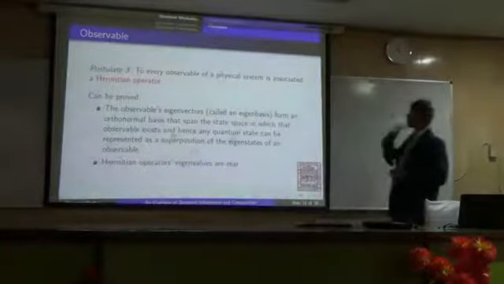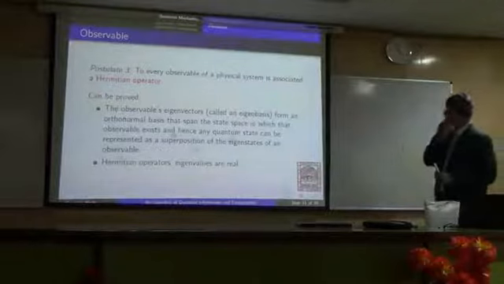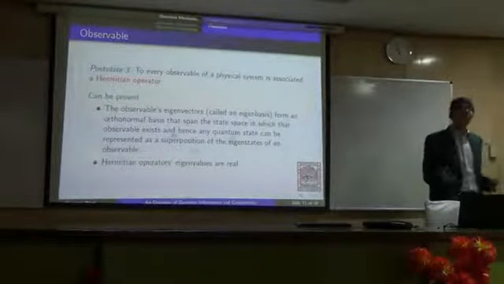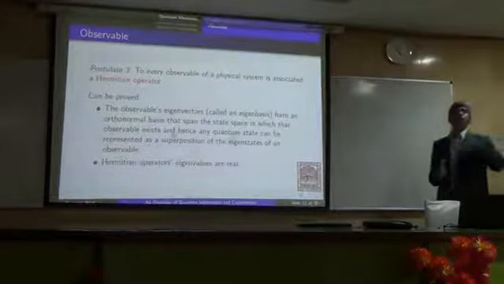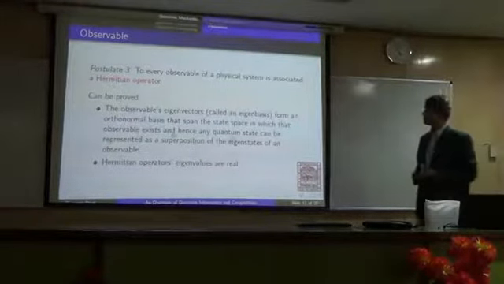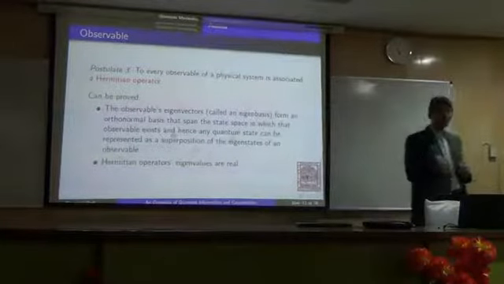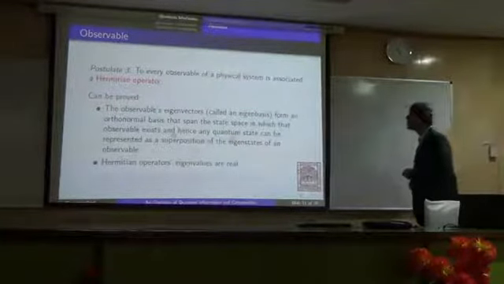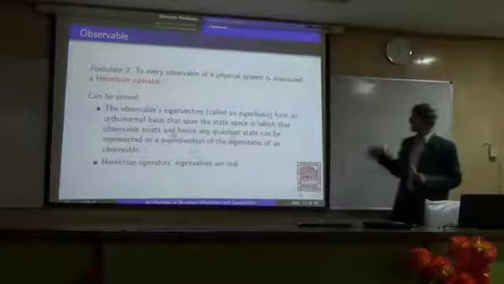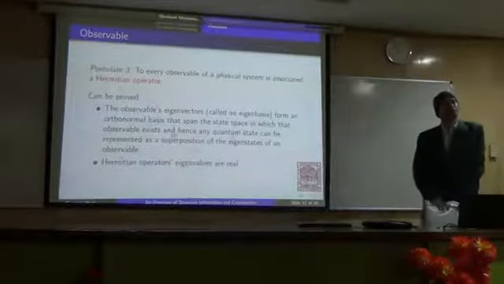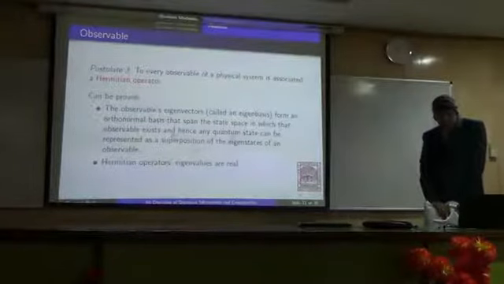Now it turns out that if we have a Hermitian operator in general, in terms of linear algebra, on a vector space, then any matrix will have eigenvalues and eigenvectors. All of you know that. So if we take the eigenvectors of the Hermitian operator, they form an orthonormal basis of the same state space.